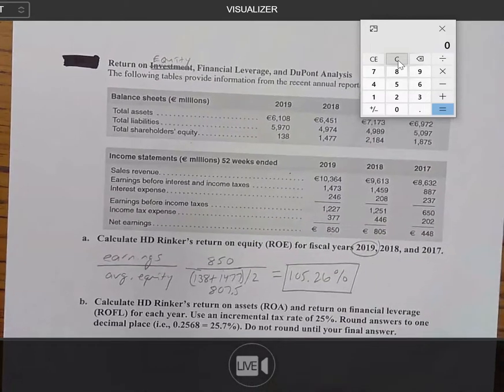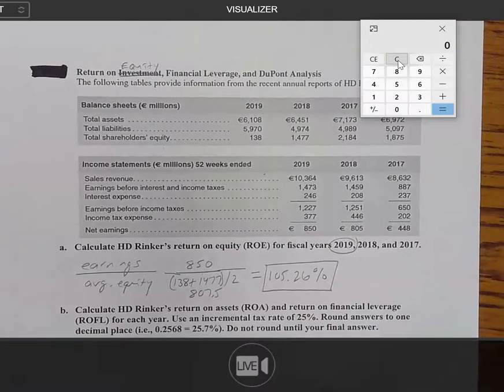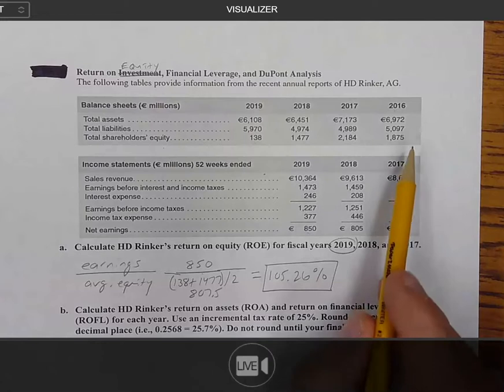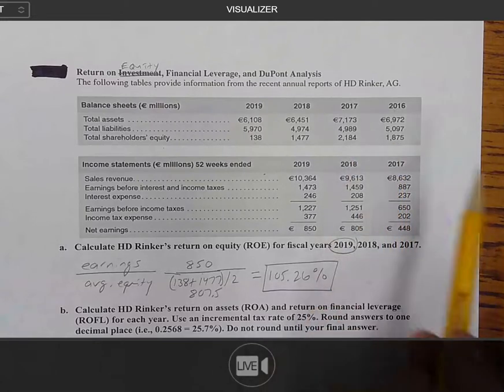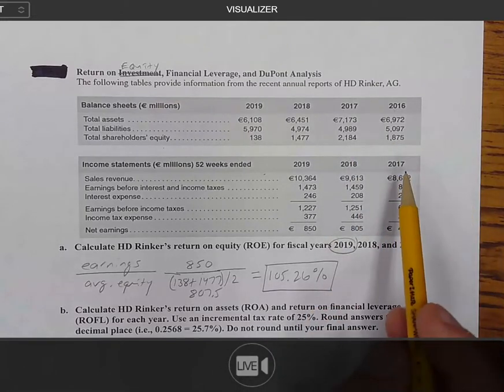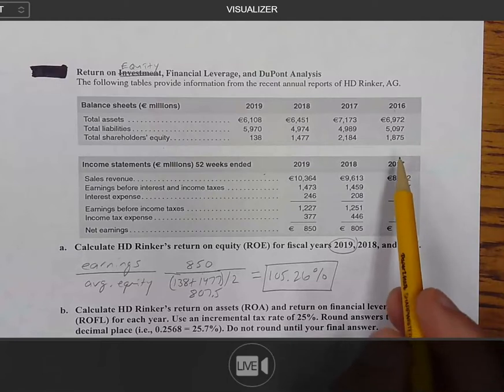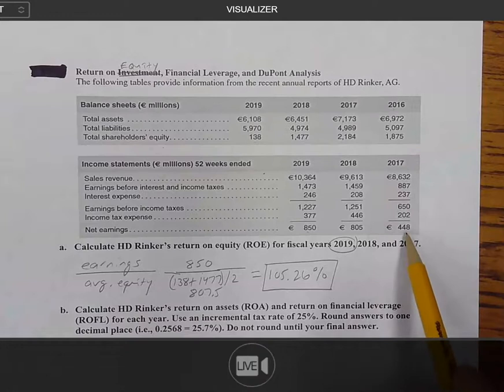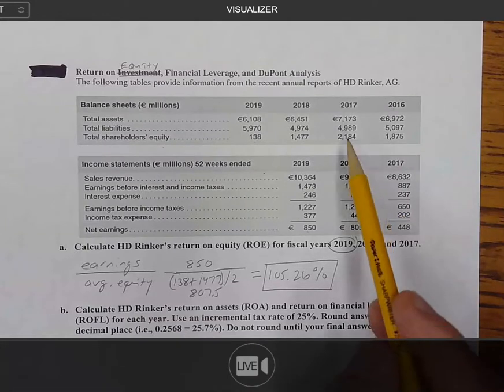However, with this particular company, let me move this calculator out of the way. If we were to go from 2016 to 2017, we see equity of 1875. We only made 448, and we retained a pretty good portion of that, about half.